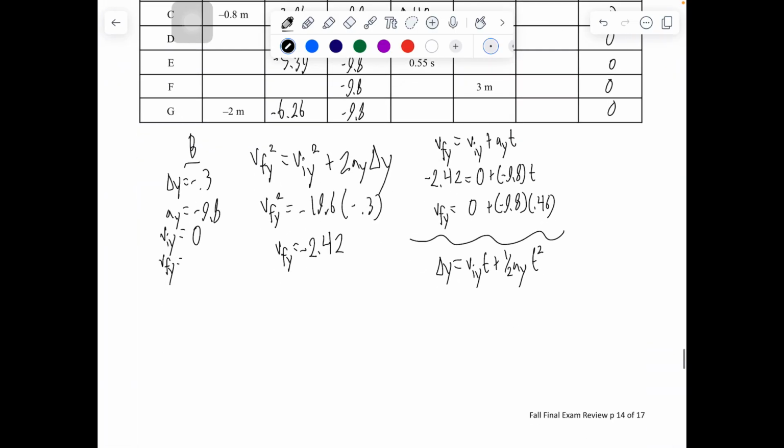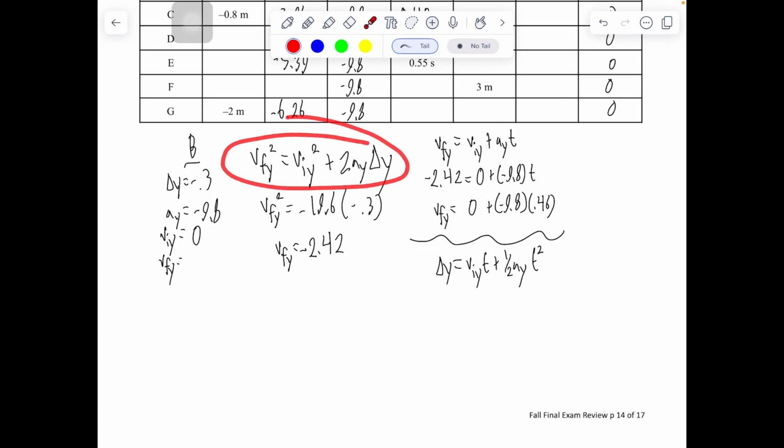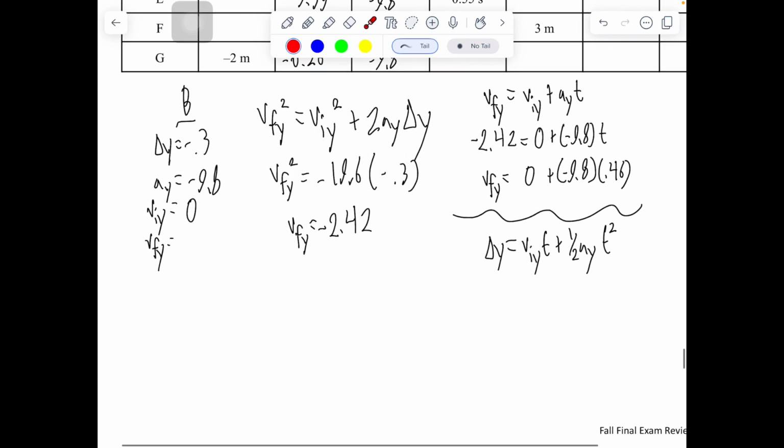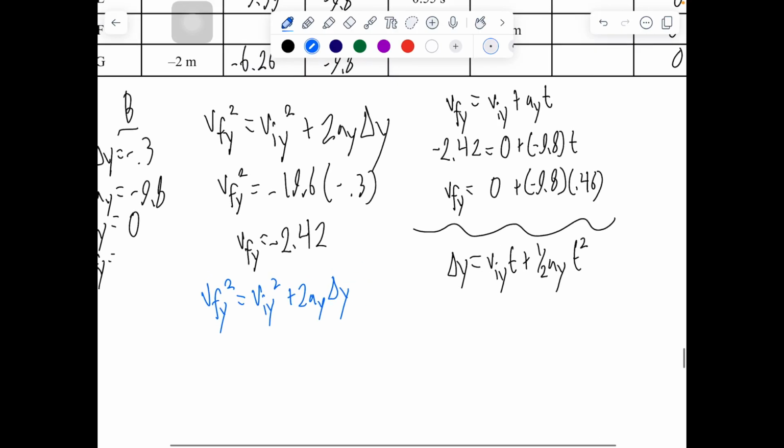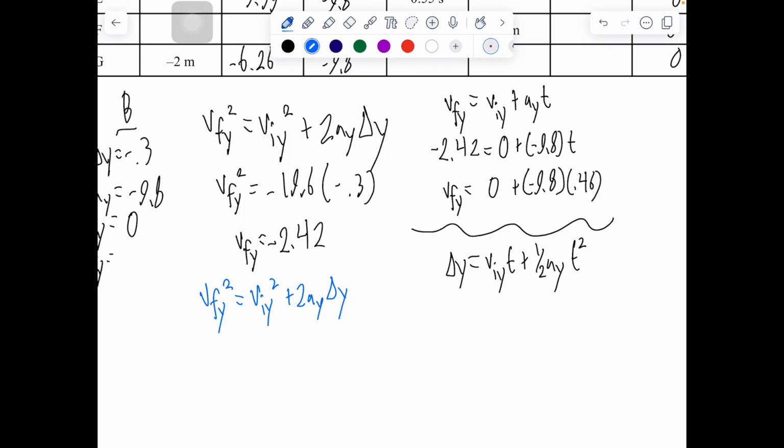Another way you could find delta y would be using, say, this equation, but that involves squaring. I do think that equation is a little bit simpler, because you say final velocity in the y squared equals initial velocity in the y squared plus 2ay delta y. Honestly, both of these are pretty workable, because your initial velocity in the y direction is 0, so these terms cancel. And honestly, I think I like this one slightly more.